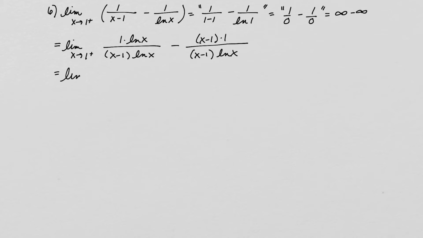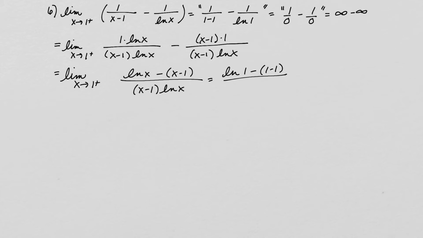We end up with the limit as x approaches 1 from the right of the natural log of x minus the quantity x minus 1, all over x minus 1 times natural log of x. Now if we plug in, we end up with the natural log of 1 minus 1 all over 1 minus 1 times natural log of 1, so 0 minus 0 divided by 0 times 0, which is 0 over 0.